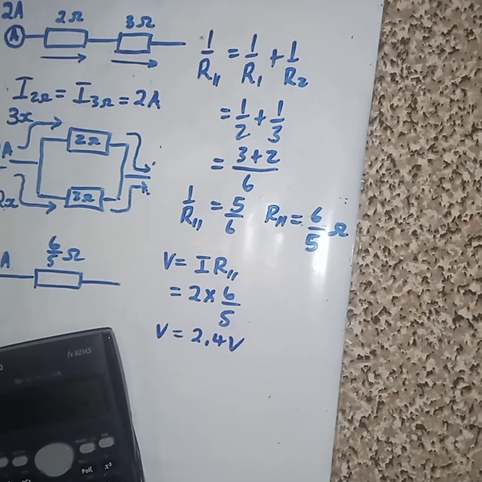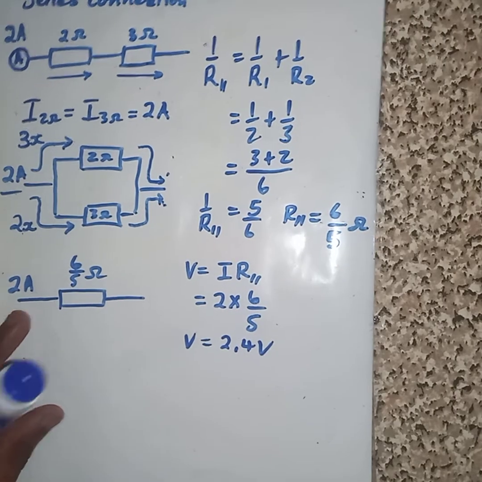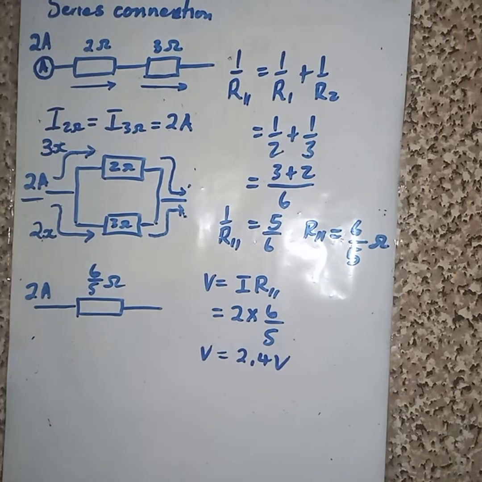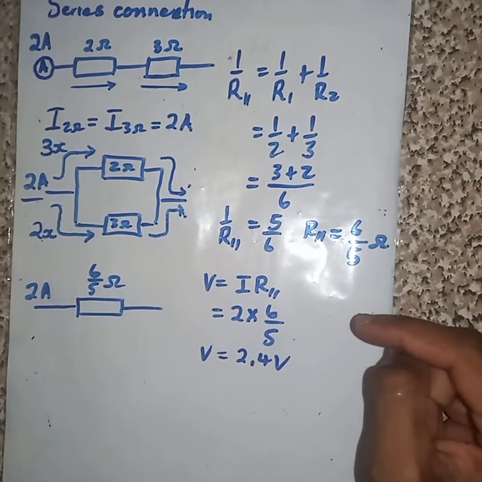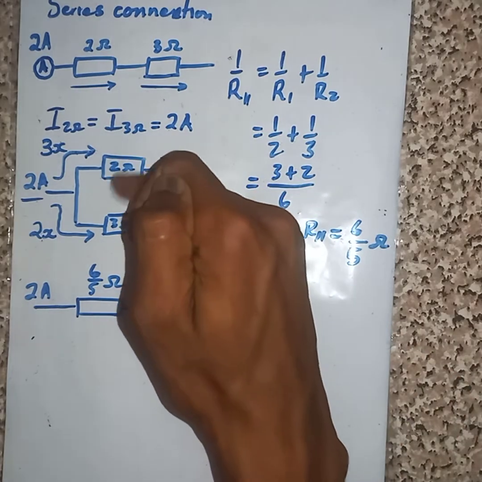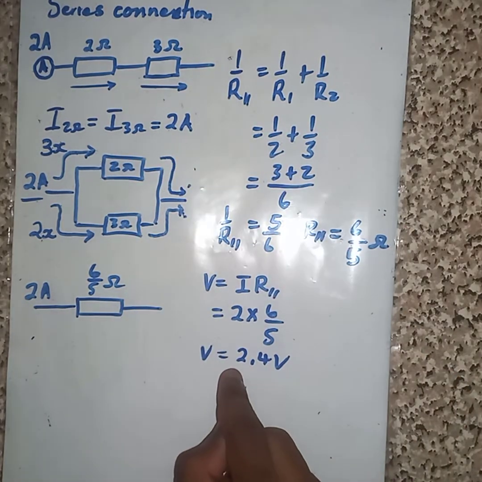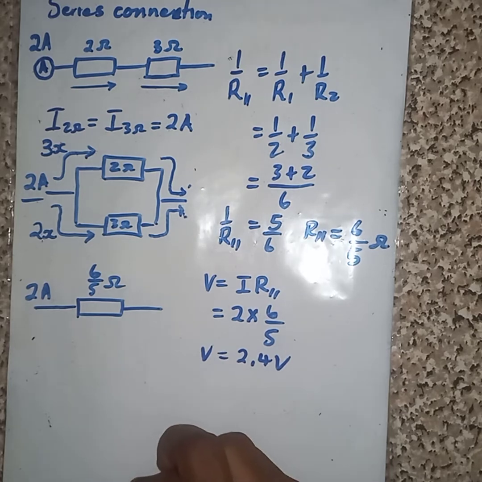You see, we get this value 2.4. Now at this point we know that each will have the same voltage, which is going to be 2.4.